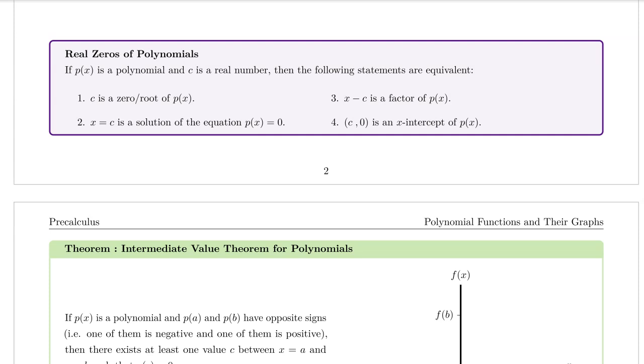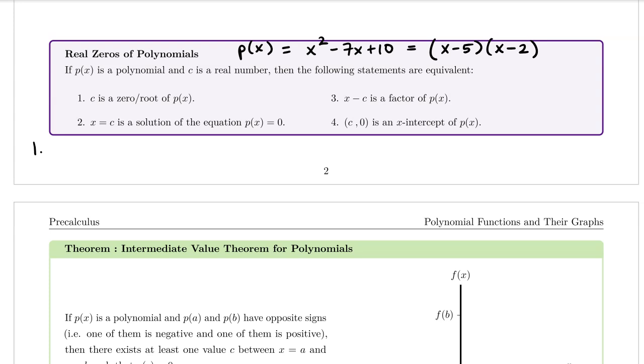So let's say I had a polynomial p of x equals x squared minus 7x plus 10. So the first statement says c is a 0 or root of p of x. And it turns out that we can factor this into x minus 5 times x minus 2. And so if I were to use the zero product principle and solve for the zeros or the roots, I'd get 5 and 2.